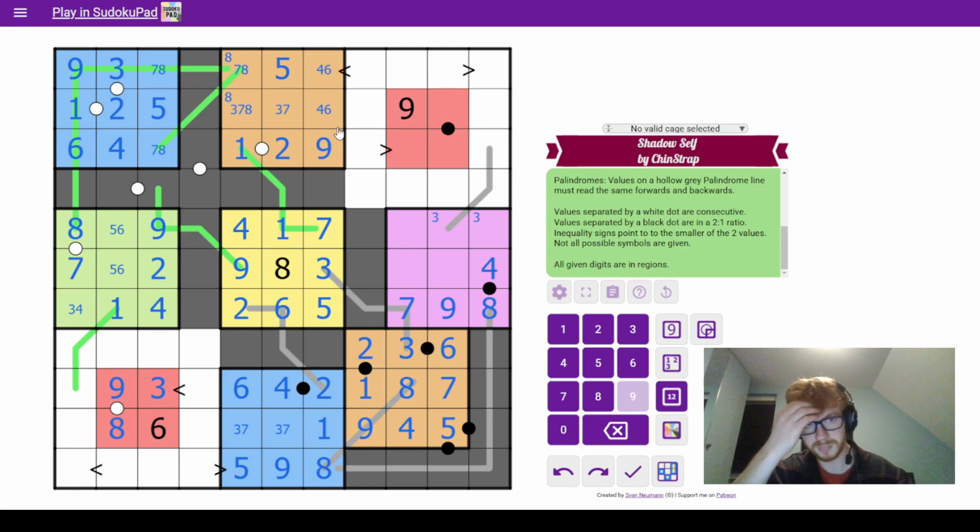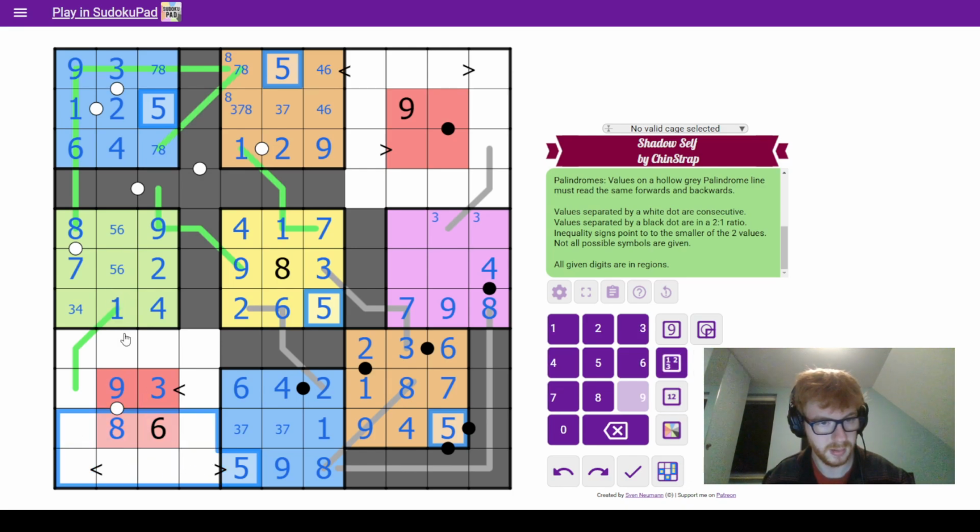Hmm. What else? 4s. So yeah, we know it's going to move to one of the corners because of these fours. Fives, fives. It doesn't go down here. It doesn't take one of those.